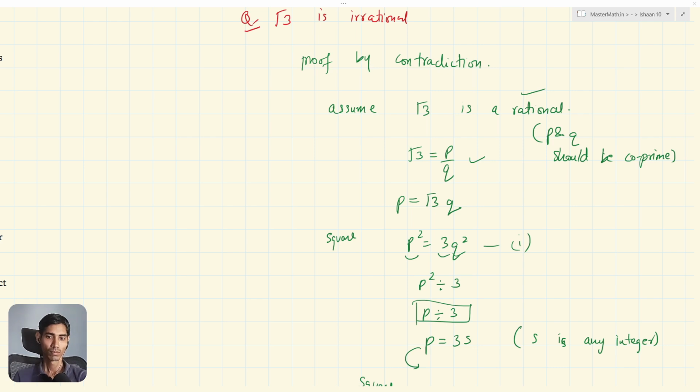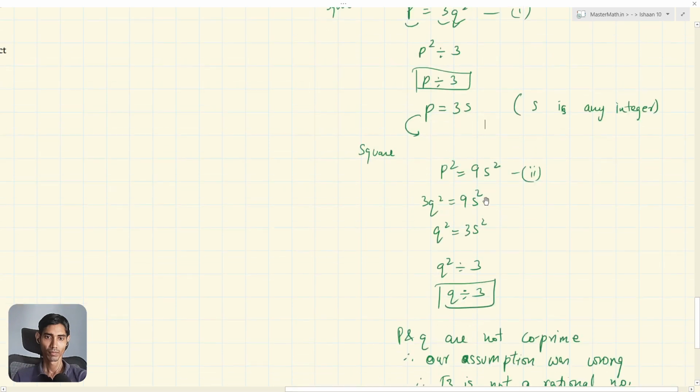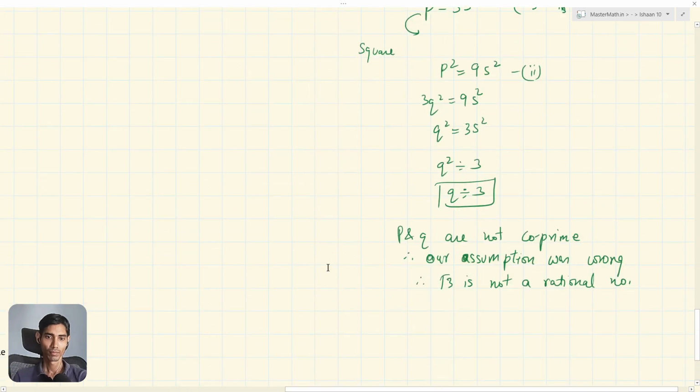Sir, can you move down? And you should write this as divisible. I have written the division sign. You should write q squared is divisible by 3, q is divisible by 3.